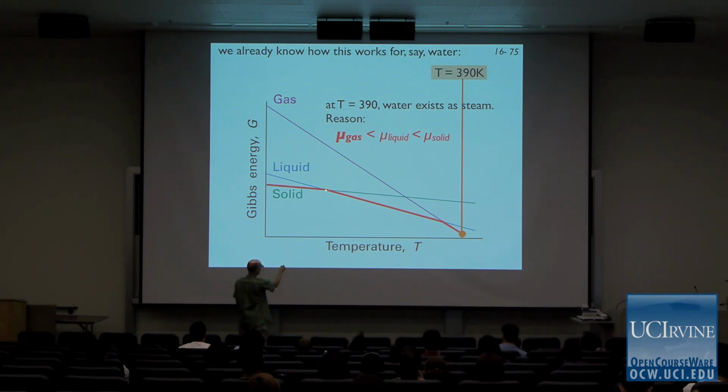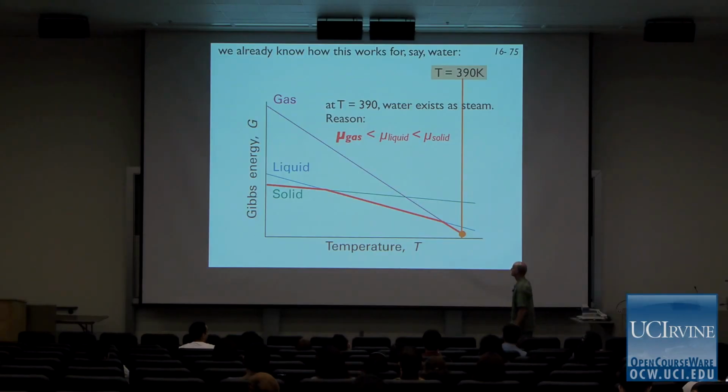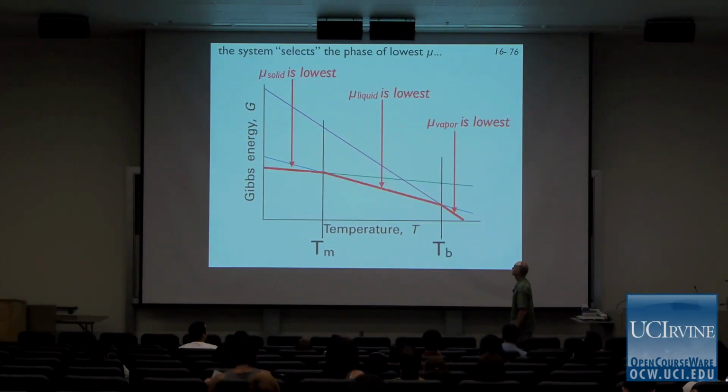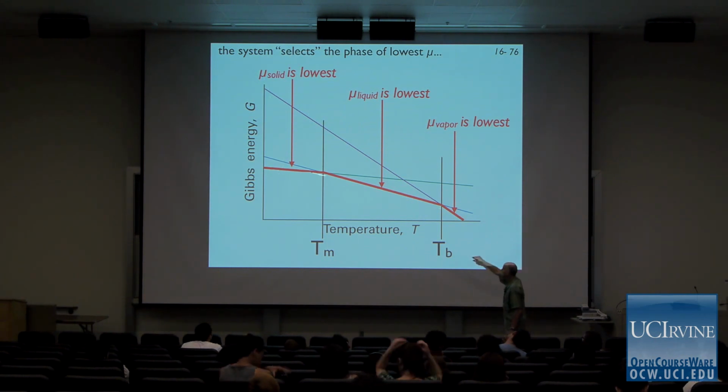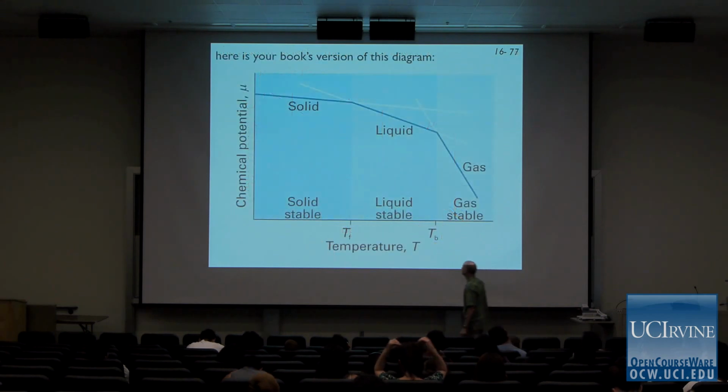The chemical potential of the water in the liquid and in the solid at that point, at 273.16 degrees Kelvin, is the same in the ice and in the water. That's why you can have coexistence of those two phases. We're just tracking the lowest chemical potential for the system as we track along this red line.